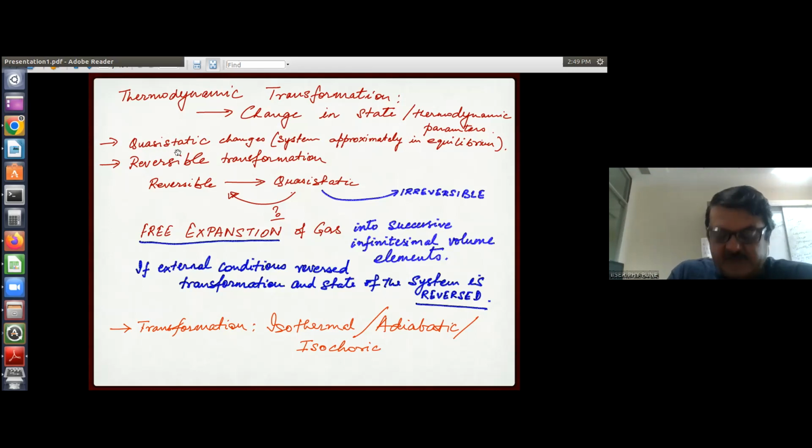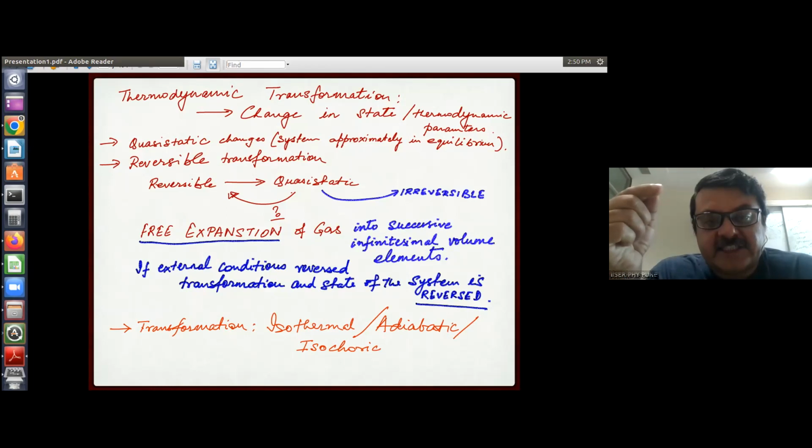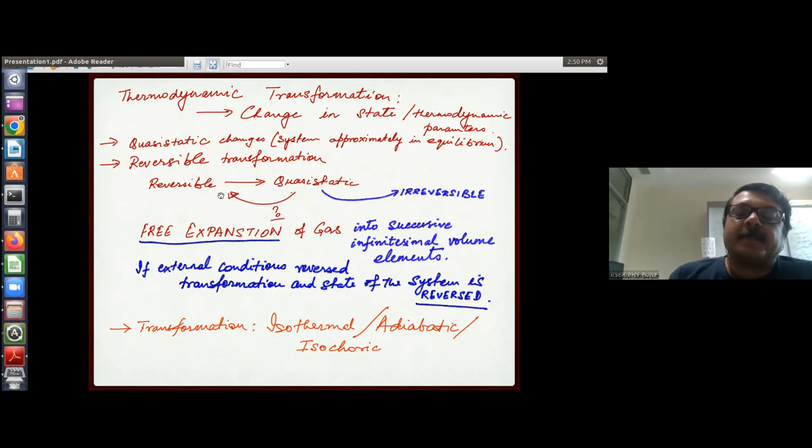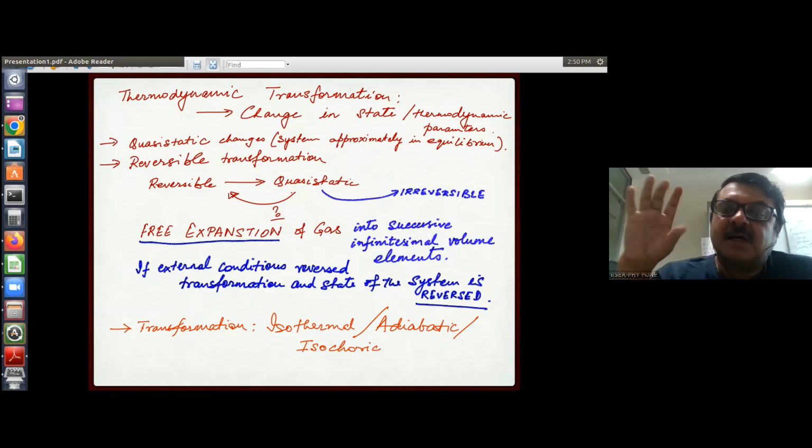Now, if you have quasi-static changes, where the system is always approximately in equilibrium, it does not guarantee a reversible transformation. If you go back from P1 dash to P1, the process could be reversible or could be irreversible, especially if there is loss or dissipation of energy. Suppose you're changing P1 to P2 by pushing a piston in a jar.